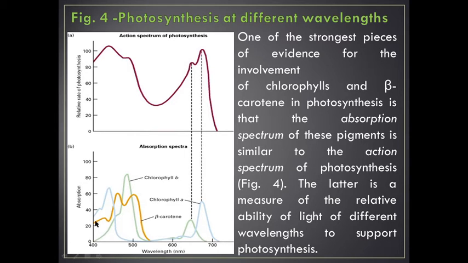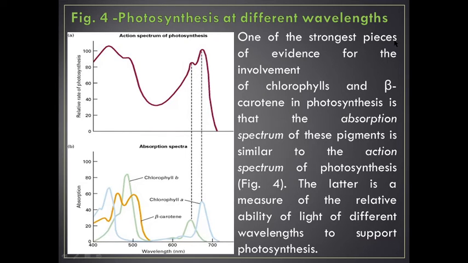Now, chlorophyll B absorbs light around 500 nanometer. Chlorophyll A absorbs light between 400 and 500 nanometer, and also between 650 to 700 nanometer.